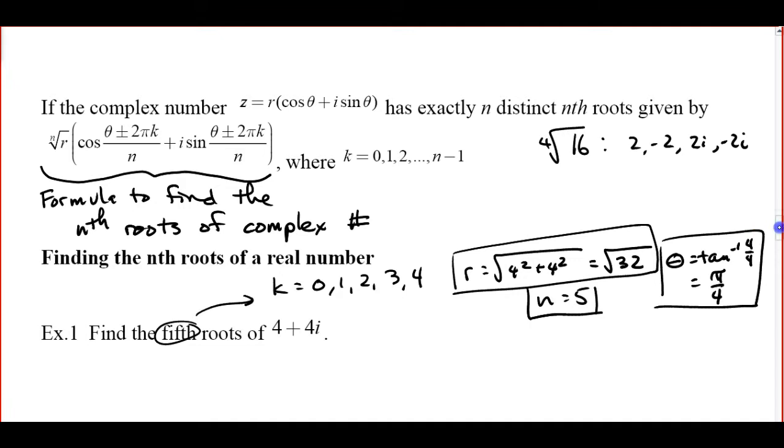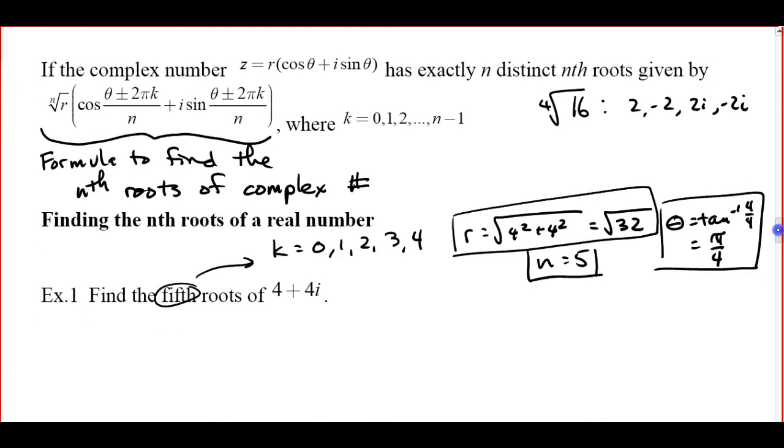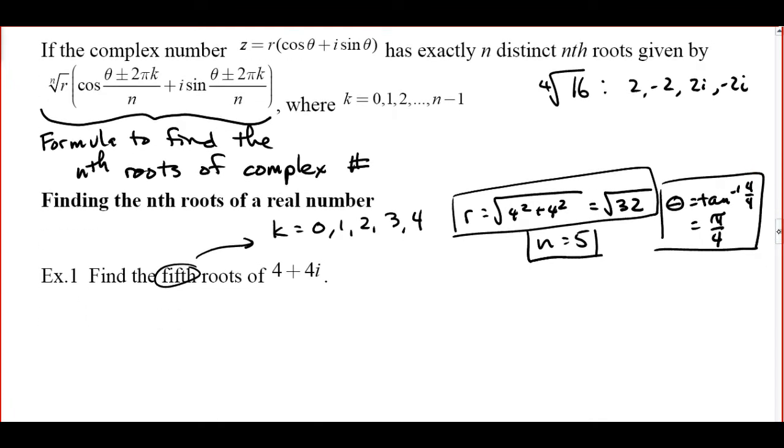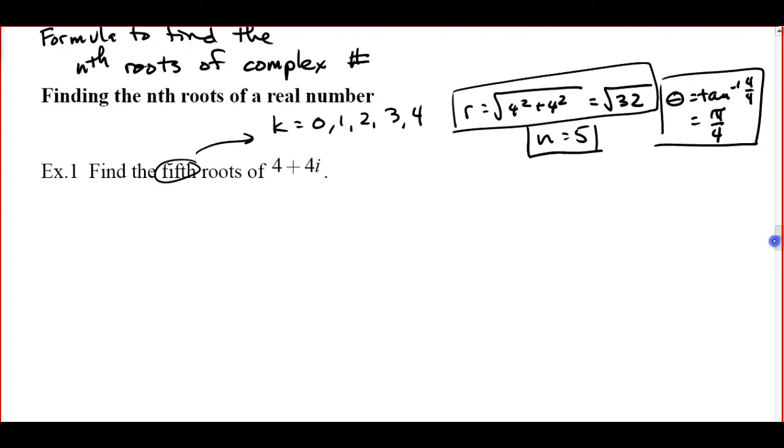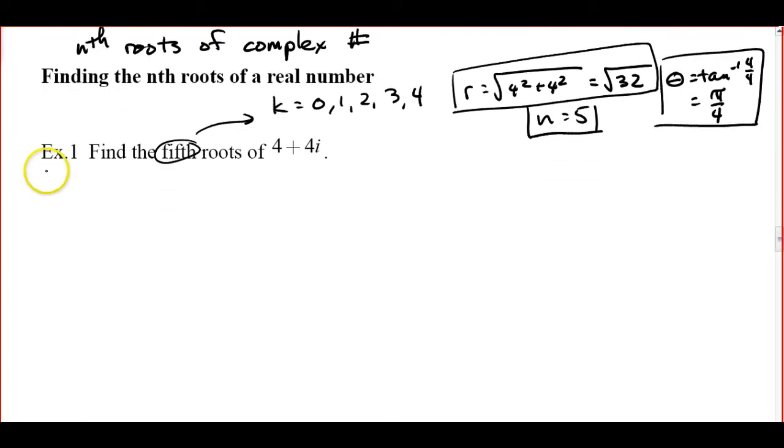We're going to use our formula, and we're going to use that formula actually 5 times for the 5 roots. We're going to start with k equal to 0.